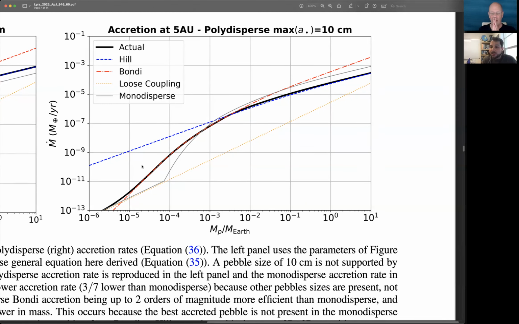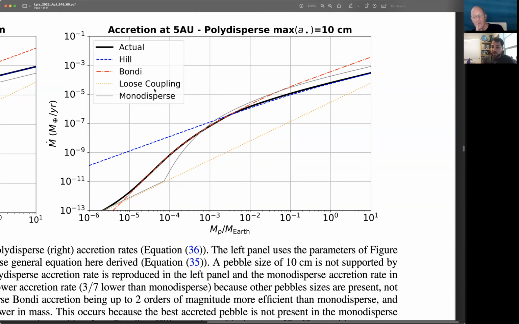The other lines on this plot, the blue line, the red line, and the yellow line, are just different regimes where the protoplanets accrete the pebbles. Loose coupling is essentially the geometrical accretion, when the protoplanet is only offering its geometrical cross-section.